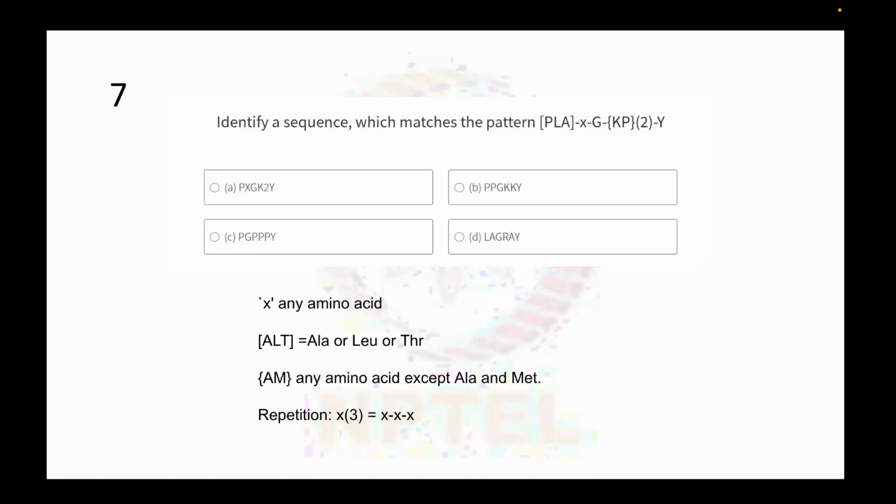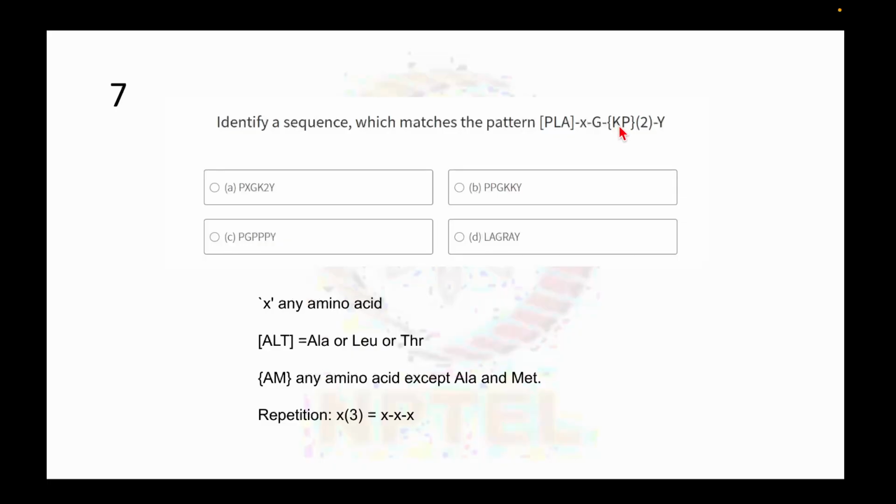Any other answer? Here the number 2 in parentheses tells the repetitions of the condition just before it.